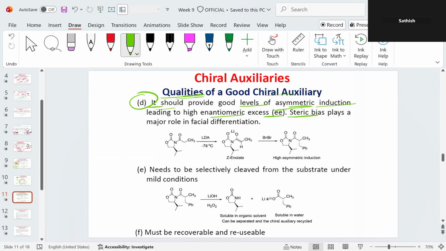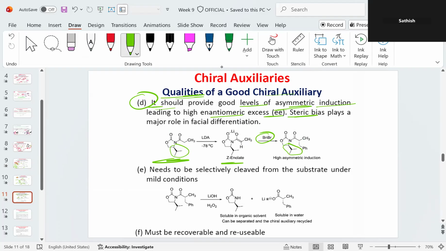If you look at the chiral auxiliary here, because of this highly steric hindrance, we get the Z enolate formation selectively. When you do the reaction of benzyl bromide on this enolate, the benzyl bromide adds selectively on the downside, mainly because of the steric hindrance on the auxiliary part.